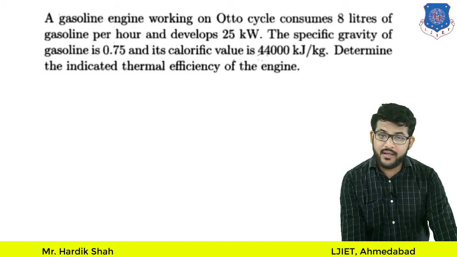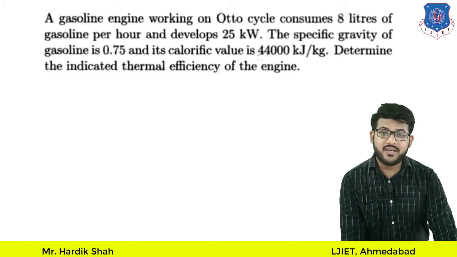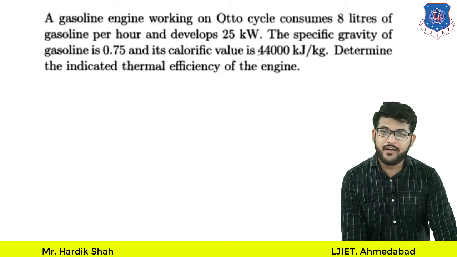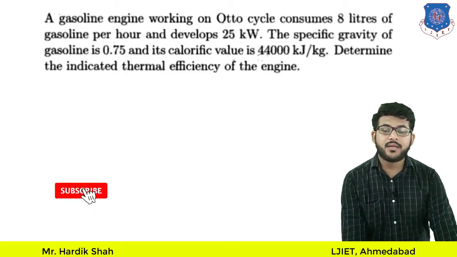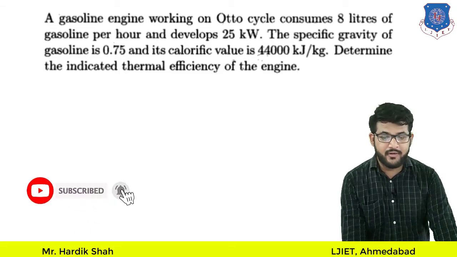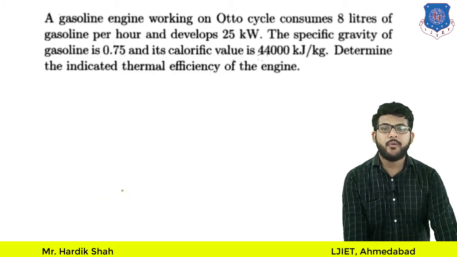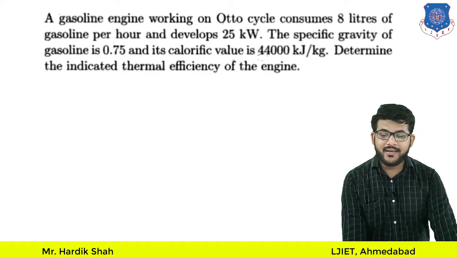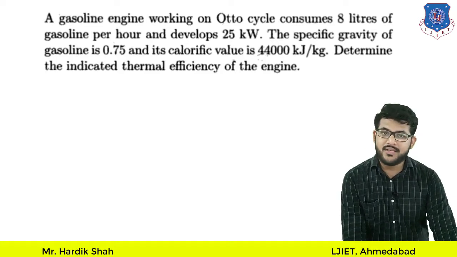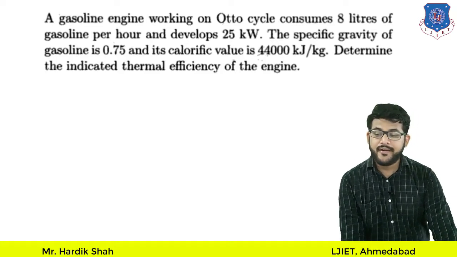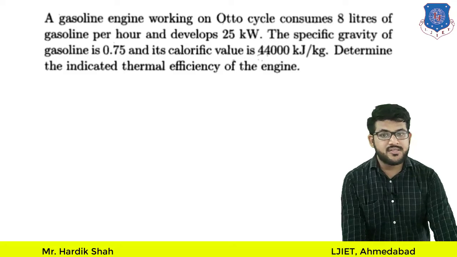It is generating the power, and power generation is called IP. So we are given the IP, that is the heat equivalent, 25 kilowatt. The specific gravity of the gasoline is 0.75, and the calorific value is given 44000 kilojoule per kg. Determine the indicated thermal efficiency of the engine.